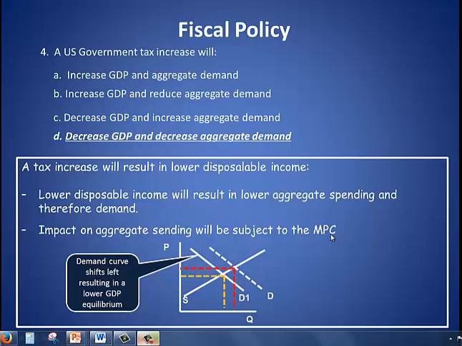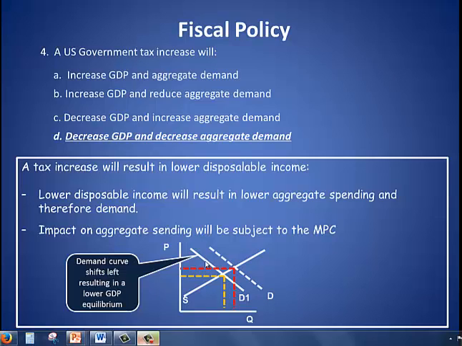If we take a look at the economic supply and demand curve in this particular case, we start out with demand. And in this case, since we have a decrease in disposable income, the demand curve will shift to the left.